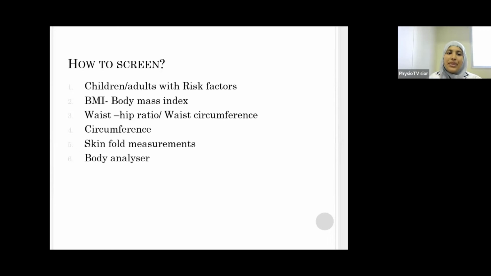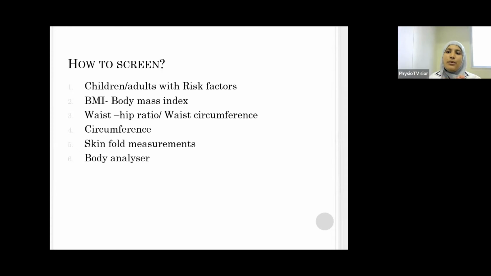Then circumferences and skinfold measurements. Skinfold measurements are done at 7 different sites or 3 different sites. It is different for female and different for male, and it will give a good outcome measure in terms of how much fat accumulation is there. And then the gold standard is the body analyzer, also known as BIA.